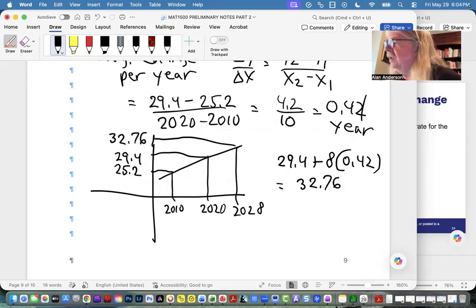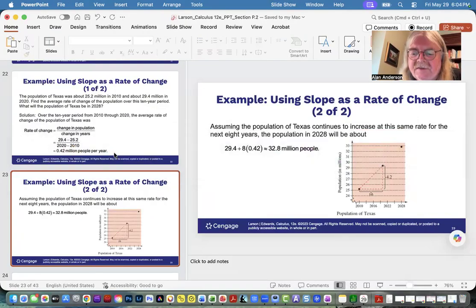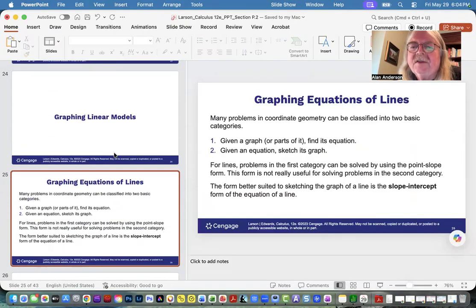And that's, of course, assuming that nothing changes, that the slope doesn't change, the rate of change is the same throughout that entire period. But if it is, that's our prediction, 32.76, or they rounded it up to 38.